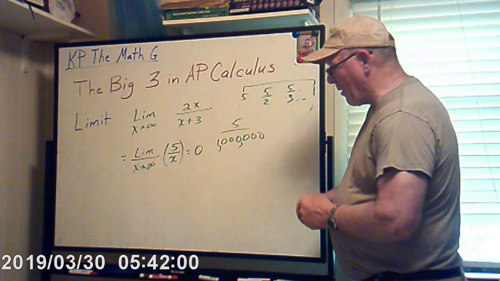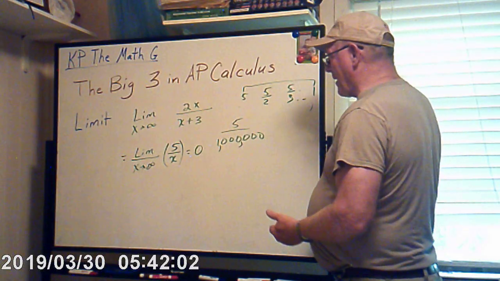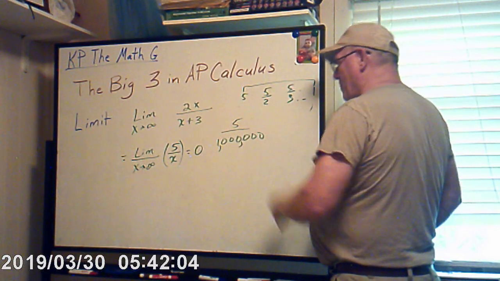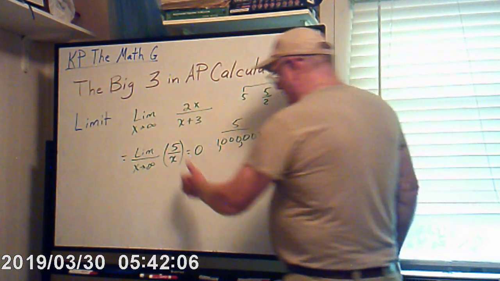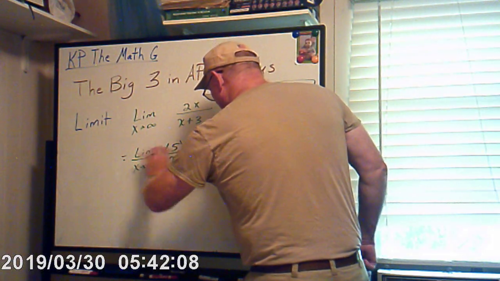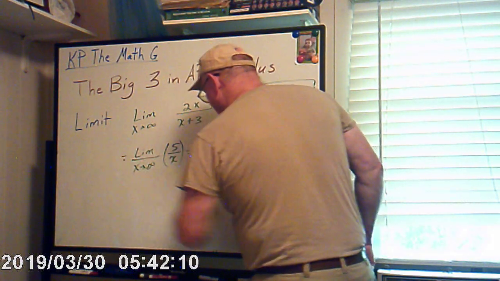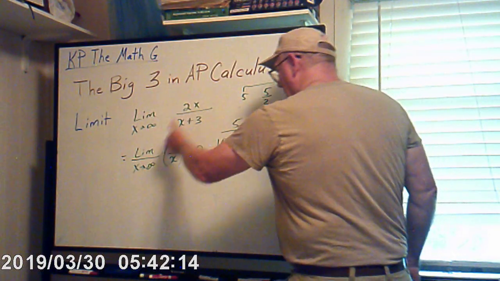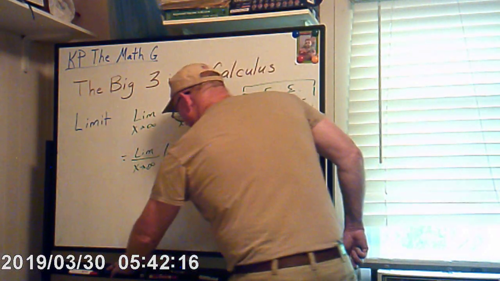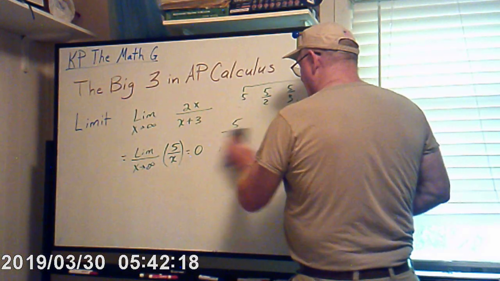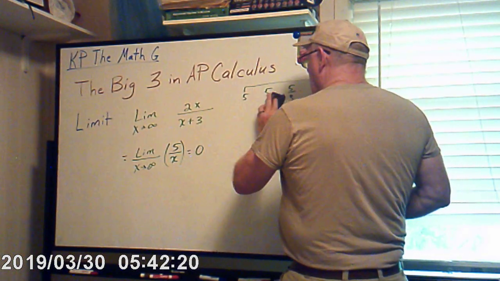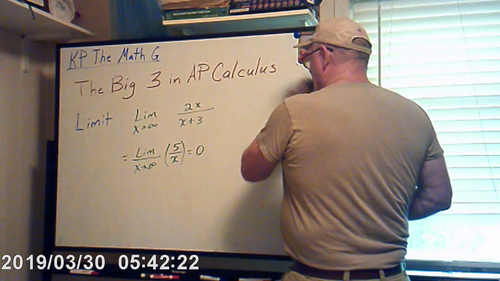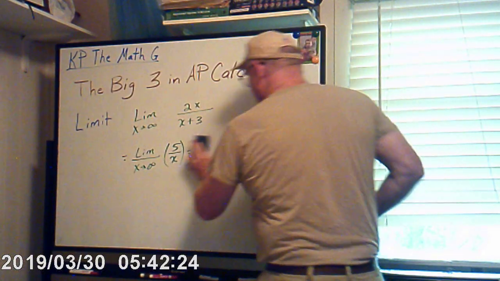It gets so small that we just say that limit is 0. So just keep that in mind. You got x in the denominator. The bigger that denominator gets, the smaller the numerical value gets. So it eventually leads to 0.